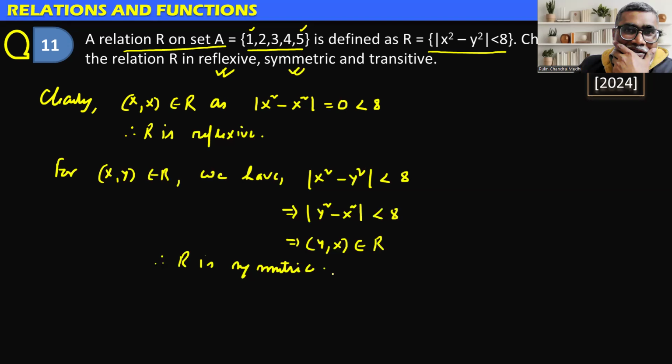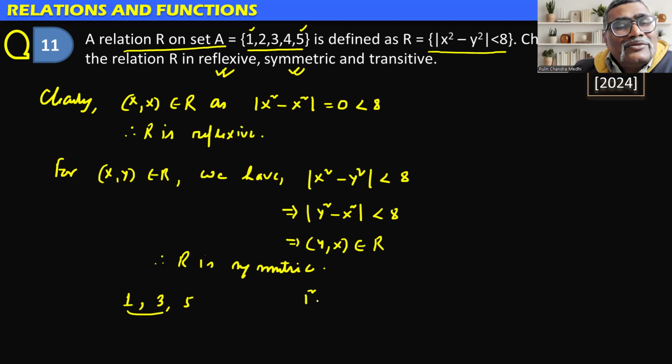Now let us try to find one example by which we can disprove transitivity, if it is not transitive. I think it may be possible. I'm just testing now. I really don't know whether it will be transitive or not. So let us take 1, 3 and 5. Will 1 and 3 be related?